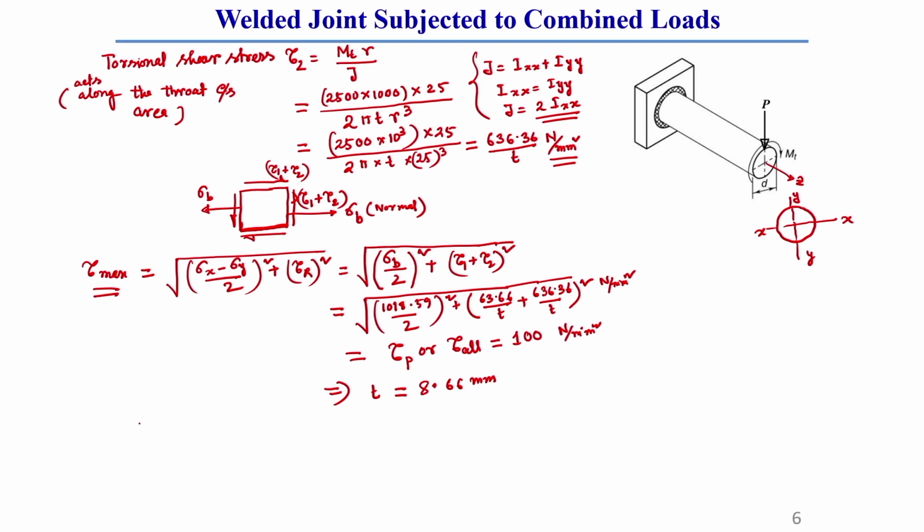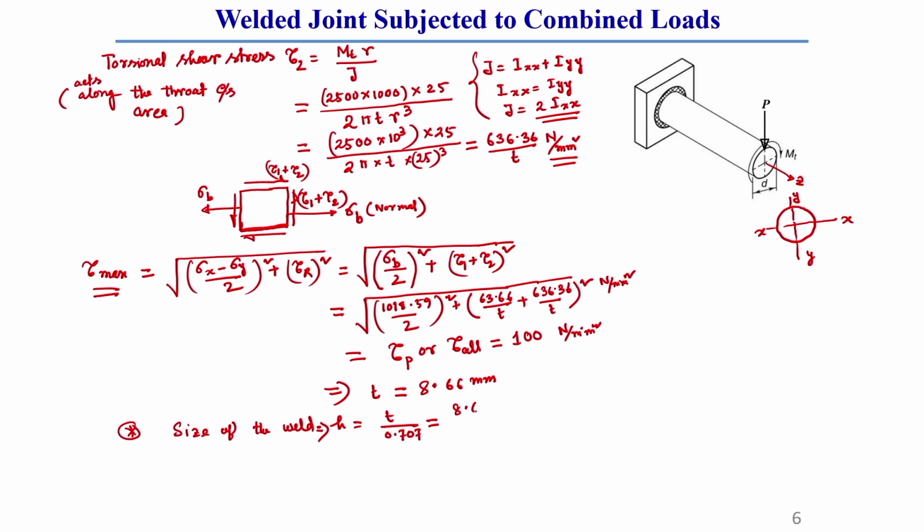So, we need to find out the size of the weld. The size of the weld you can write as A is equal to T by 0.707, you know very well, because if two perpendicular welds are there, generally it is like this.